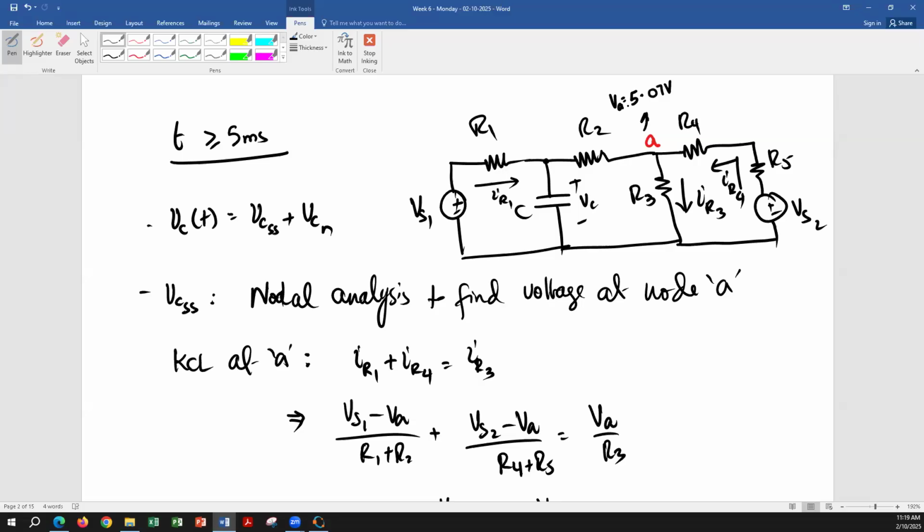Voltage at VC, yes. So if you are doing this problem and I give you that branch and I ask you calculate the voltage at that node between R1 and R2, how are you going to figure that voltage out? Hello? How are you going to do that?